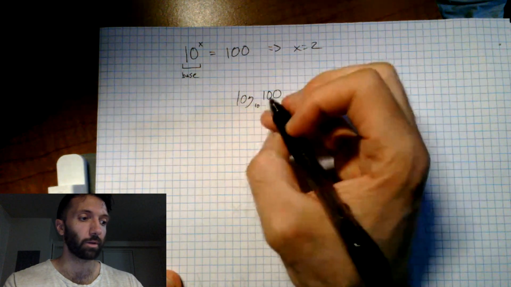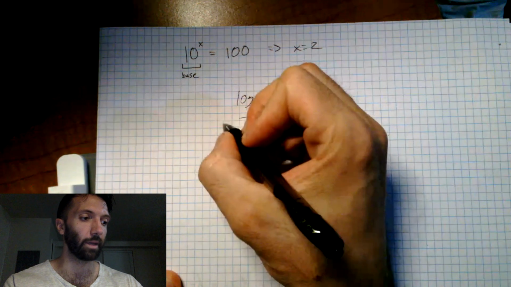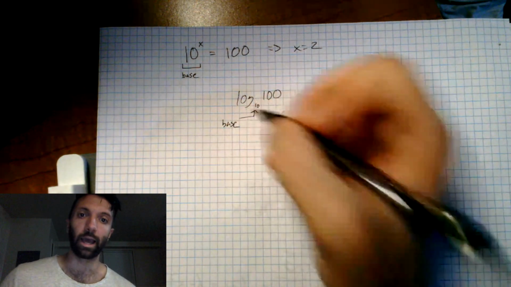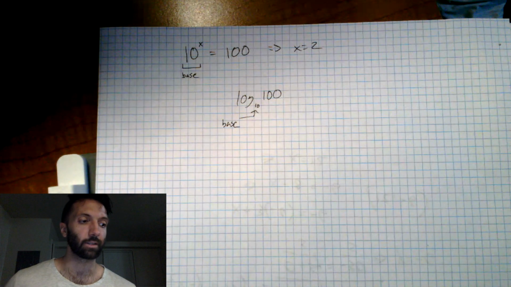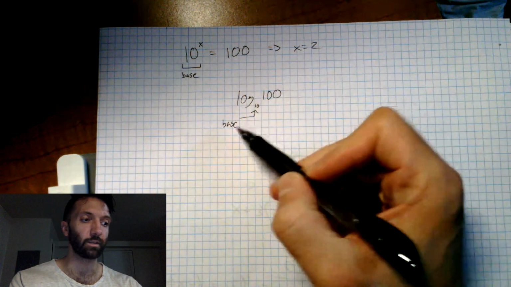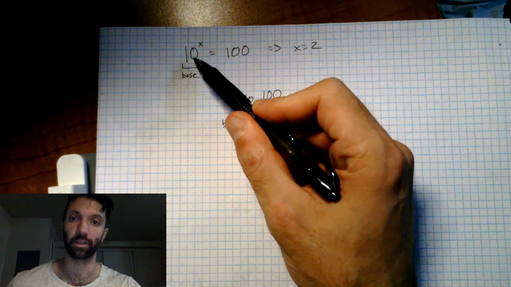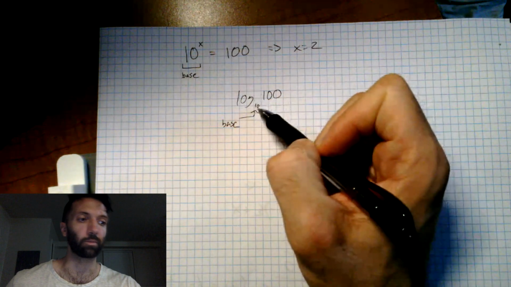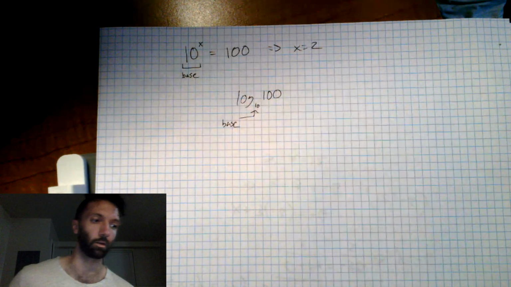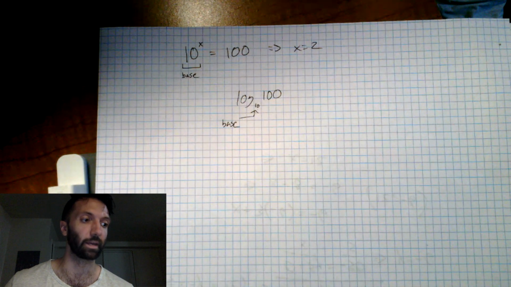This little subscript here is called the base. The key to understanding this concept is that the reason this number is called the base is because it represents this base, this number in this equation. This represents this. They're both called base because they're the same thing.